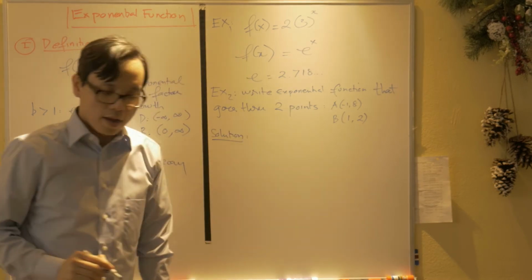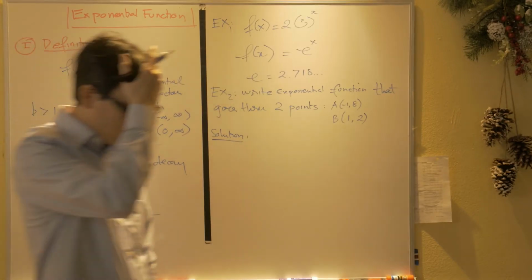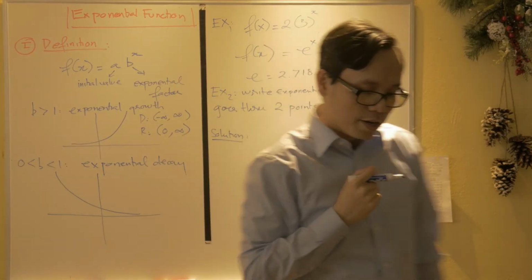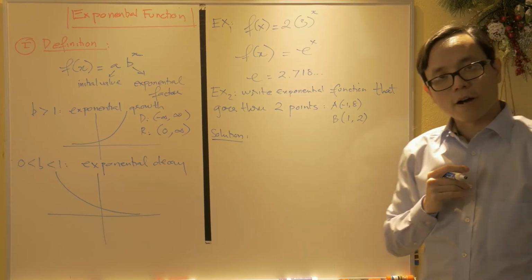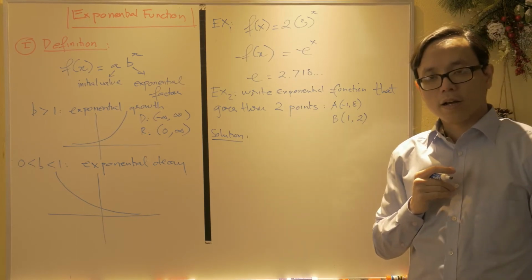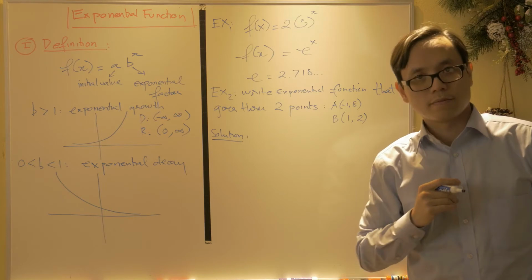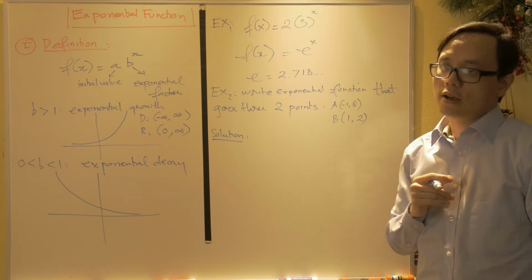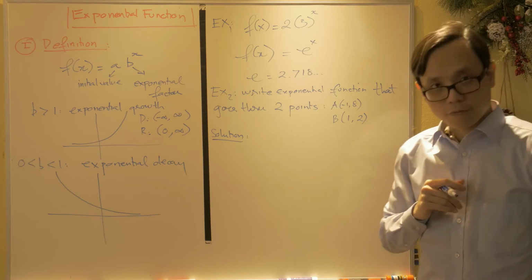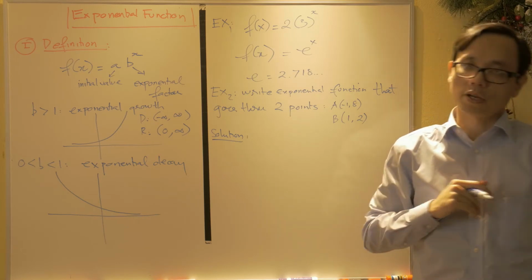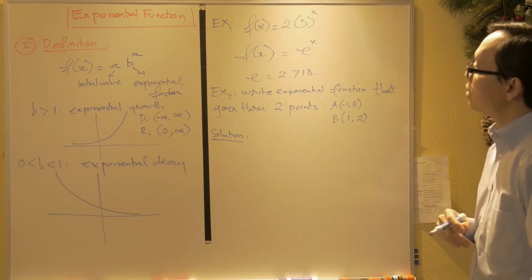Remember when you learned linear function, there was a question that asks you to write a linear equation. And there are two methods to write a linear equation: you use slope-intercept form or you use point-slope form. Okay. Sometimes you can use standard form too.